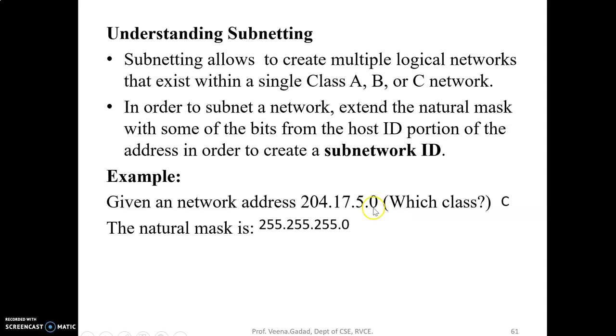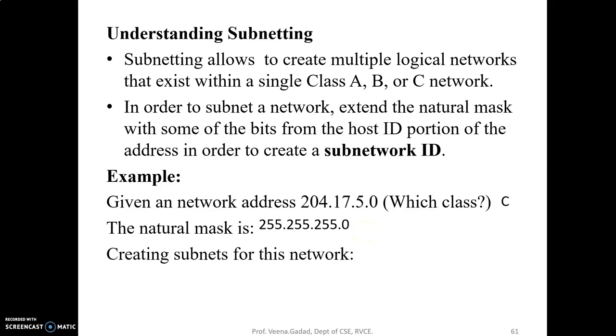In these 8 bits, I can use 3 bits to represent my subnetworks and another 5 bits to represent the hosts in each subnetwork. The 3 bits for subnetworks can create 8 subnetworks, and the 5 bits give me 32 hosts in each subnetwork.